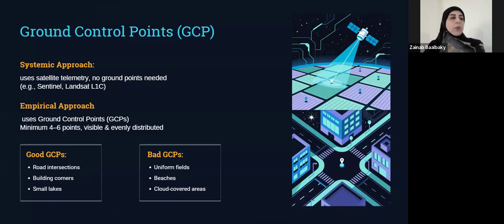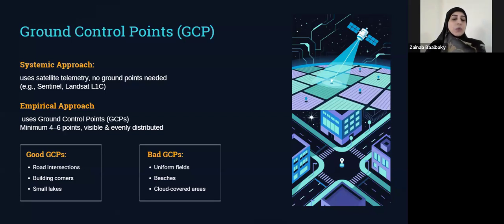These are points with known coordinates visible both in the image and the reference map. They should be distributed evenly across the image, with at least 4 points, or maybe 6 to 8.